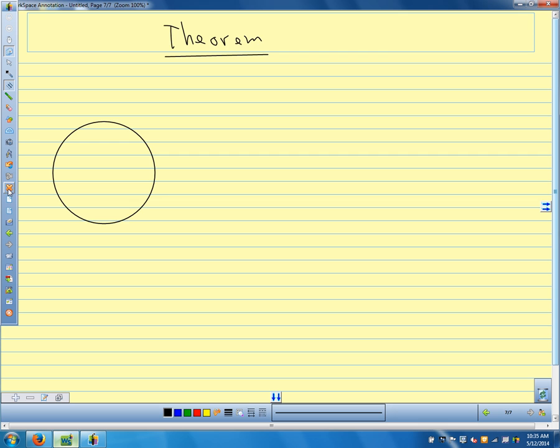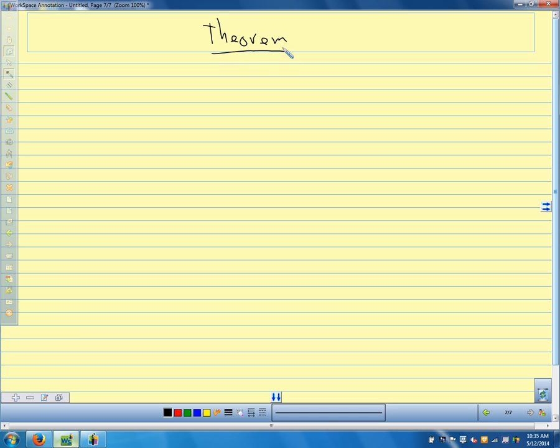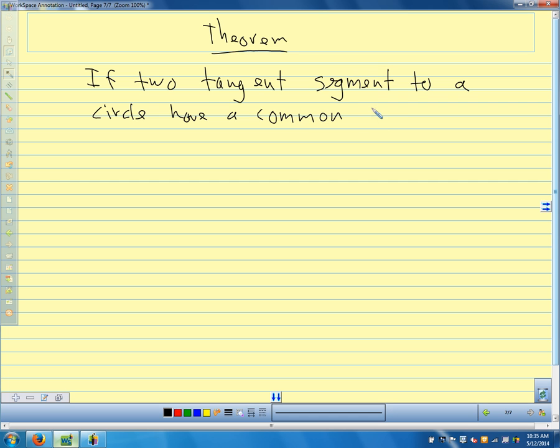This theorem says that if we have two tangent segments to a circle that intersect outside the circle, so they have a common endpoint outside the circle, then the two segments are congruent.